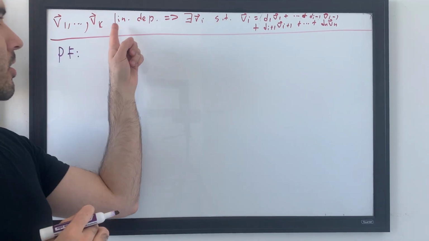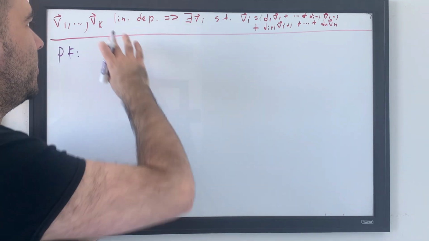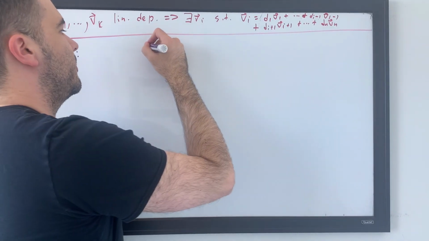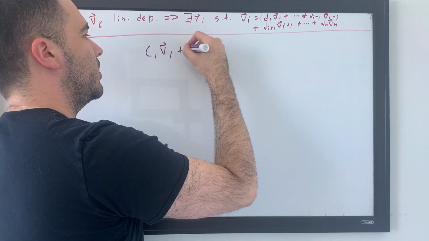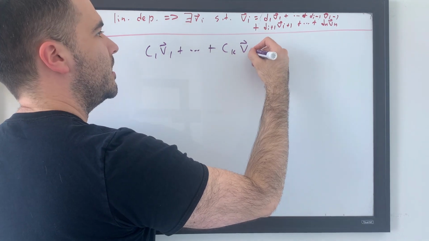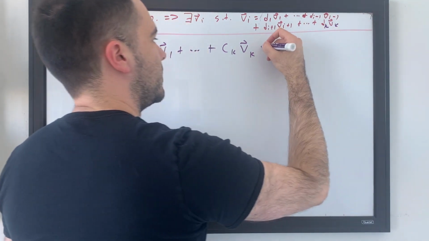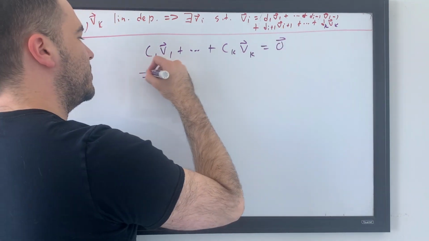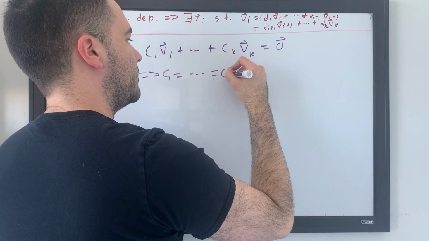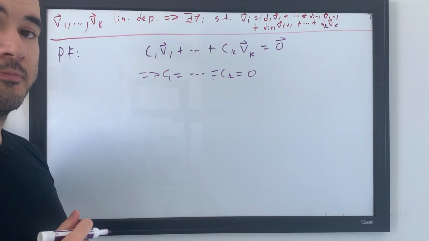From our definition of linear independence, we said that if c1 v1 plus all the way to ck vk is equal to 0, then this must imply that all of the ci's are 0. That was for linear independence.